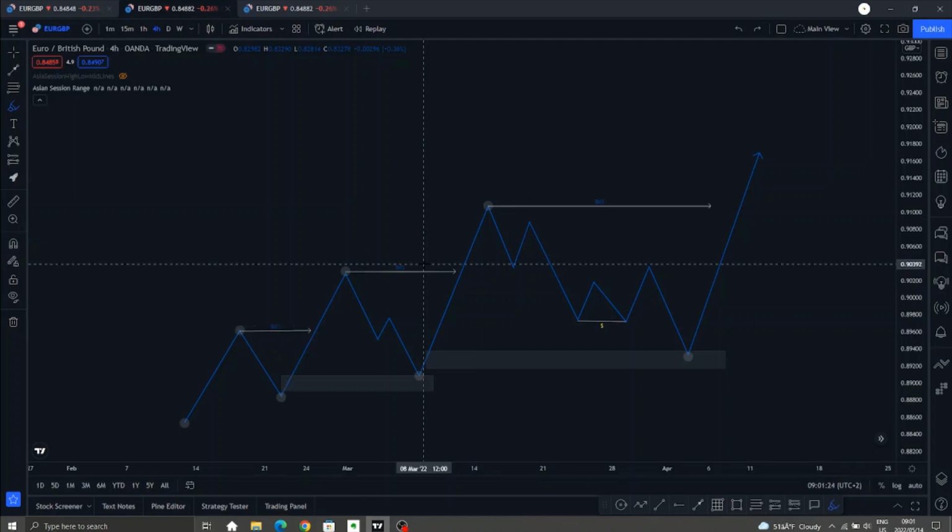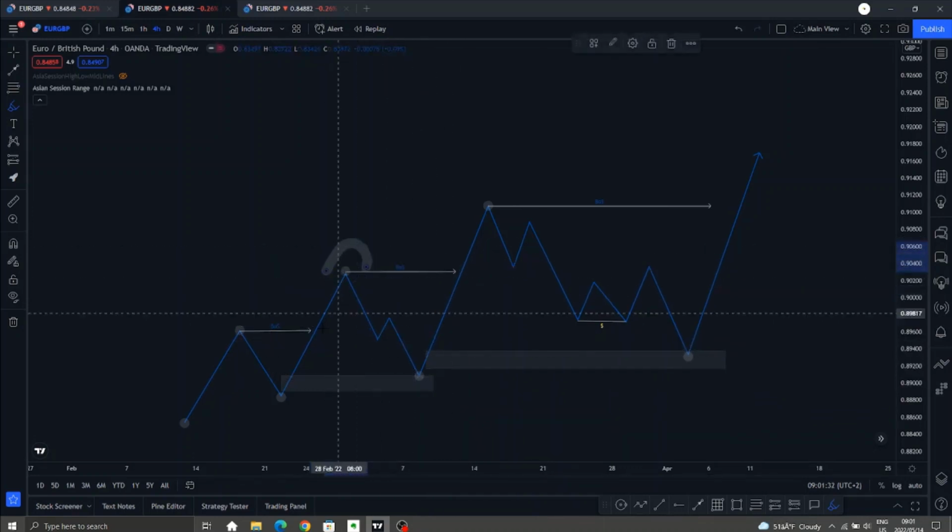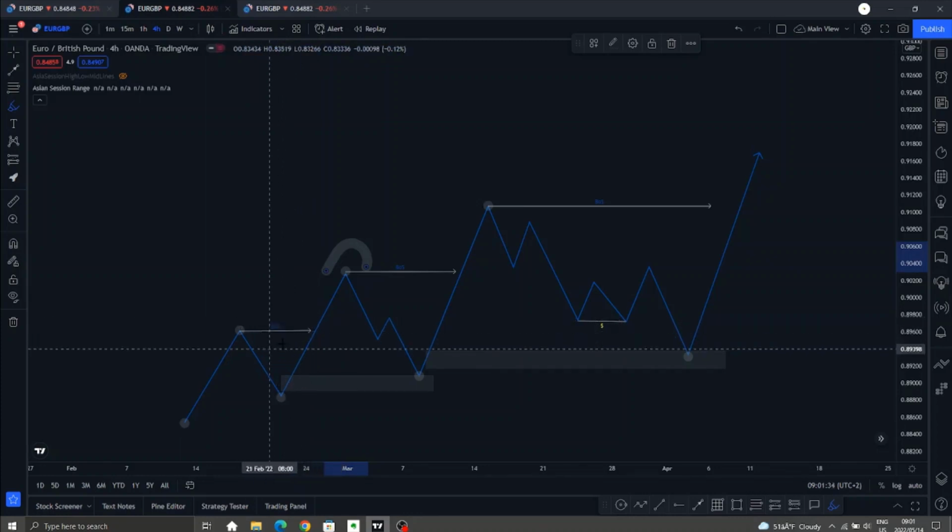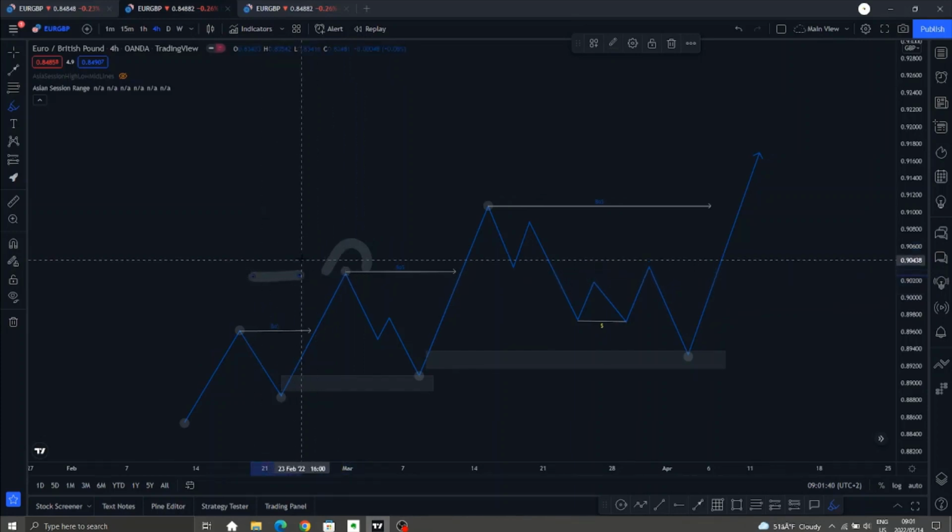Now, how change of character ties into break of structure is because we anticipate a pullback whenever we have a break of structure. Change of character allows us to correctly identify this particular swing point. I'll say that again.